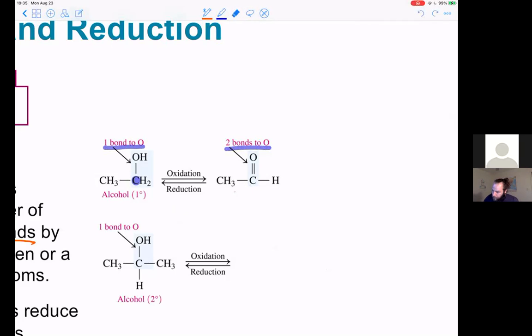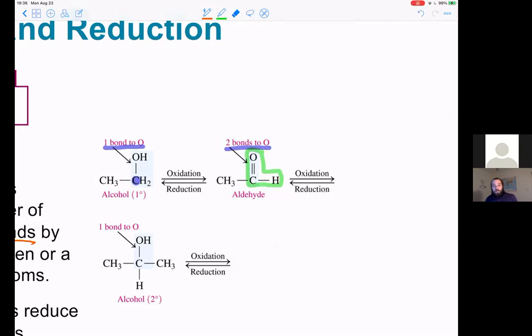This functional group here, where you have a carbon double bonded to an oxygen and that carbon's attached to a hydrogen, this is what's called an aldehyde. We're actually going to practice all the different functional groups in lab this week. Okay, aldehydes can be further oxidized.